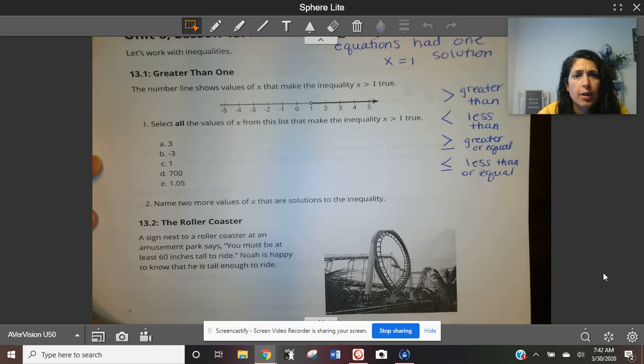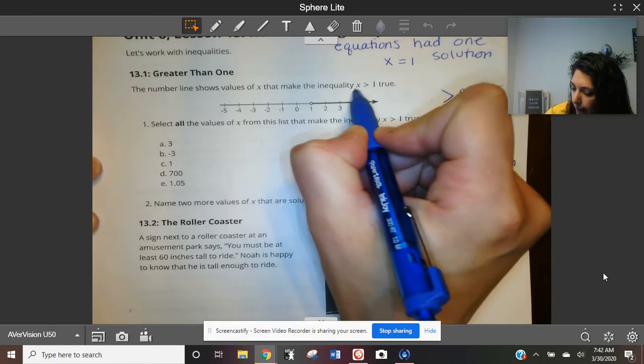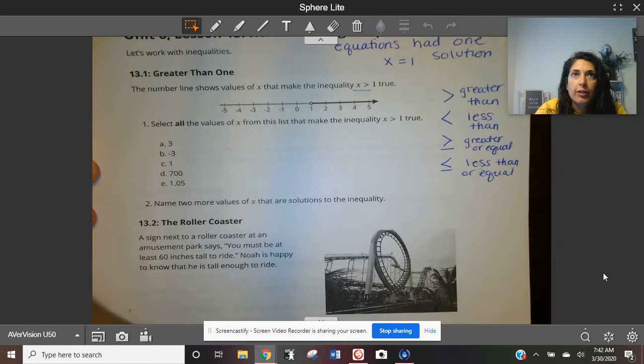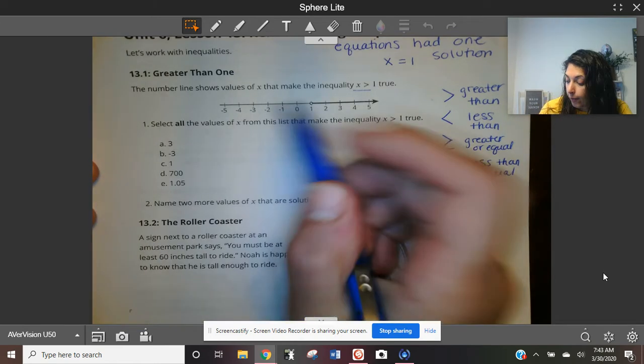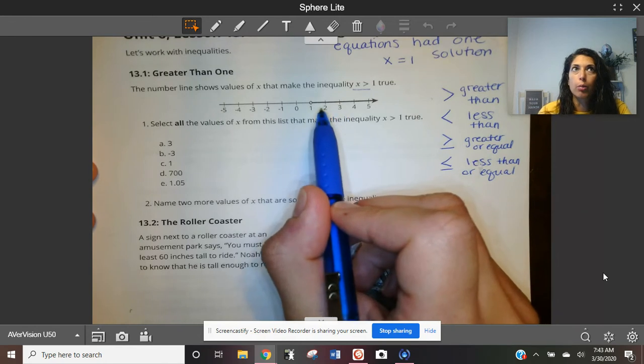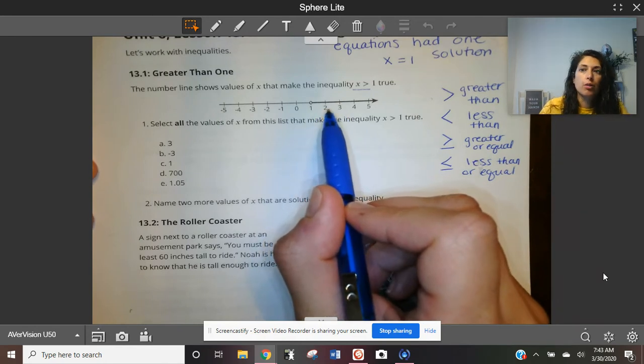Now the first thing that we're going to talk about is the number line. If you think of an inequality, x is greater than 1, that means that whatever x is, it's greater than 1. Let's think about the number line. How many numbers are bigger than 1? An infinite amount, right? 2 is bigger than 1, 3, 4, 5. But also, what about 1.1 or 1.00000000001?